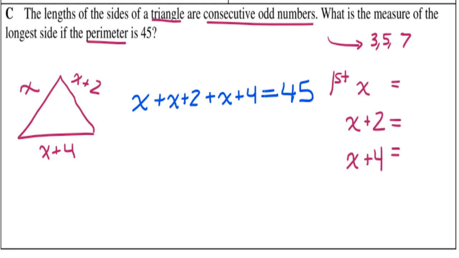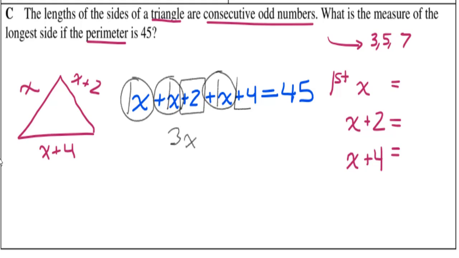First, I'm going to look and see if there's anything I can simplify, and there is. I may want to write in some coefficients here, since I don't see them. Now they're there. 1x plus 1x plus 1x would make 3x. Positive 2 and a positive 4 combine to make positive 6.